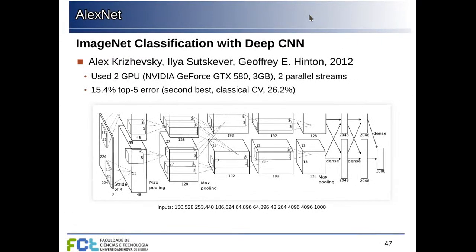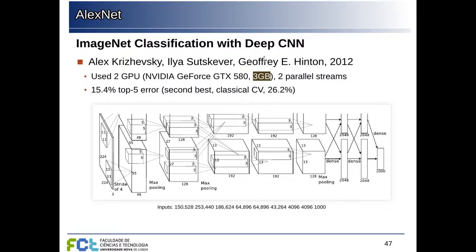The first example is AlexNet. It was trained using 2 parallel streams, so the model was split in two because of the limitations of the NVIDIA graphics card. They only had 3 gigabytes of memory each, and since the whole model for training required more than this, they had to split the network into 2 separate streams that were then combined at the end.